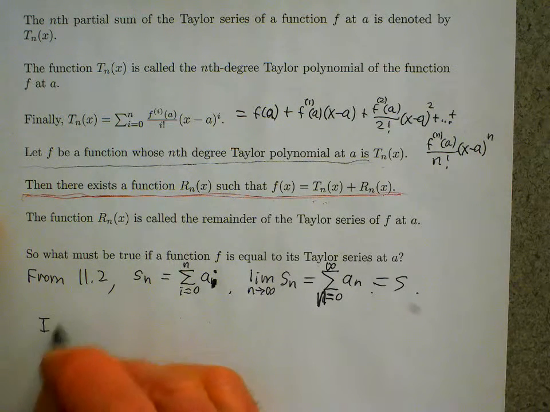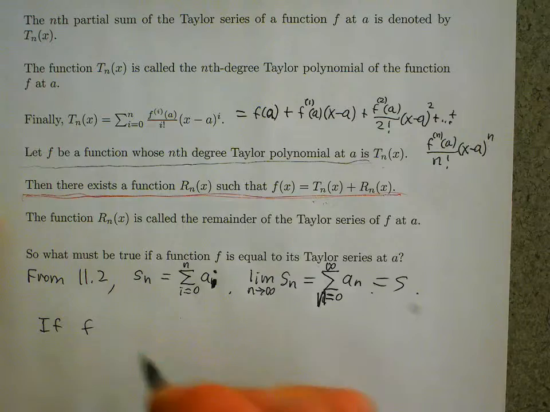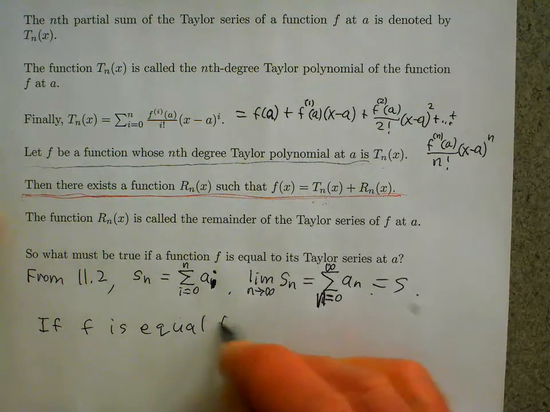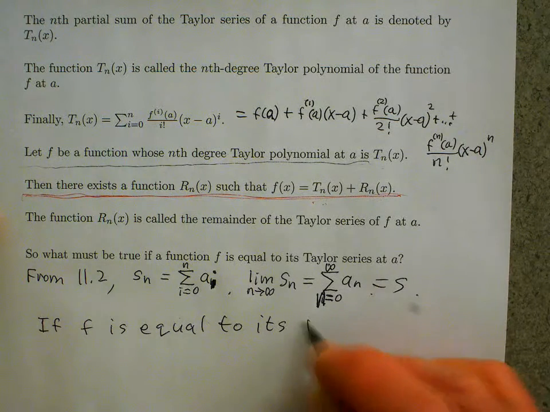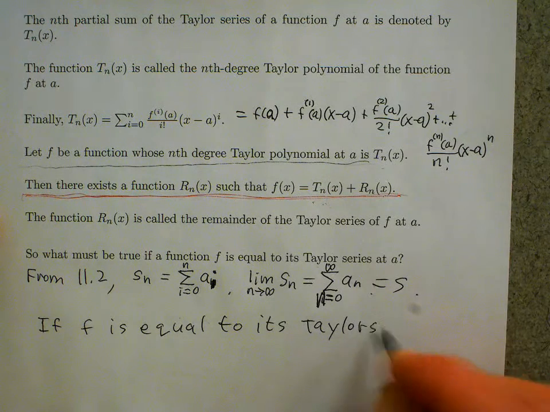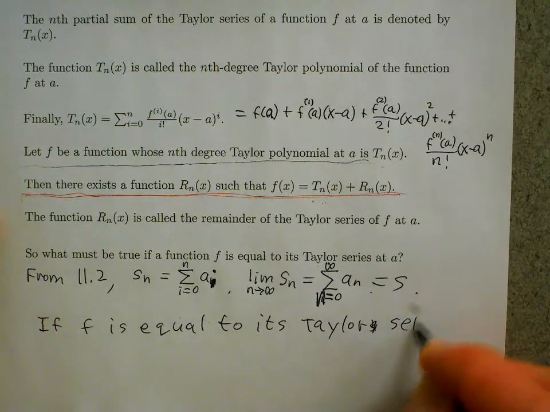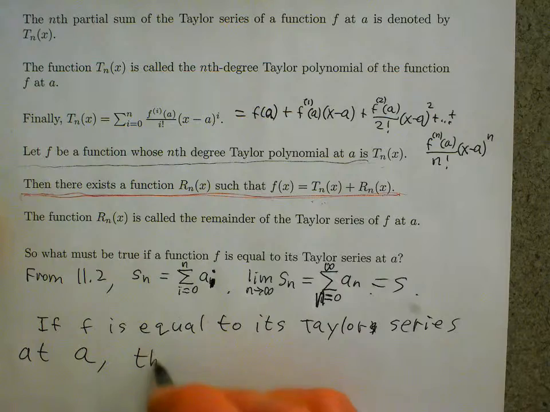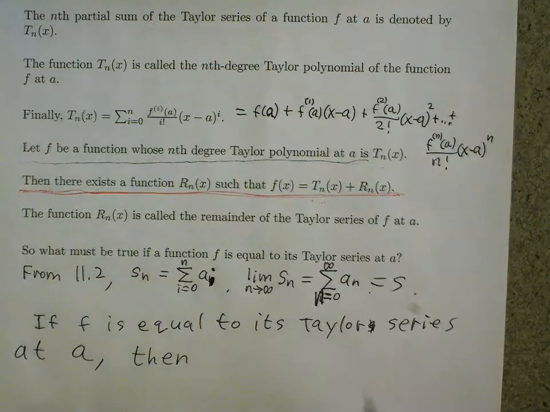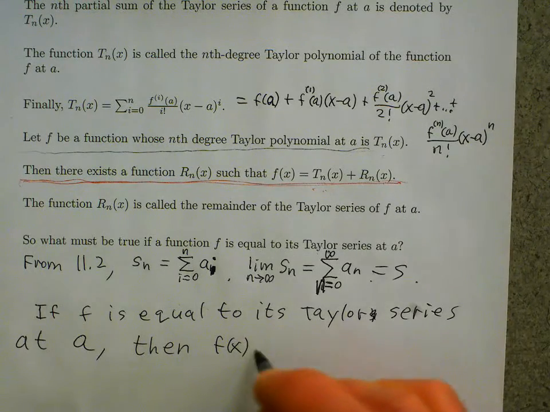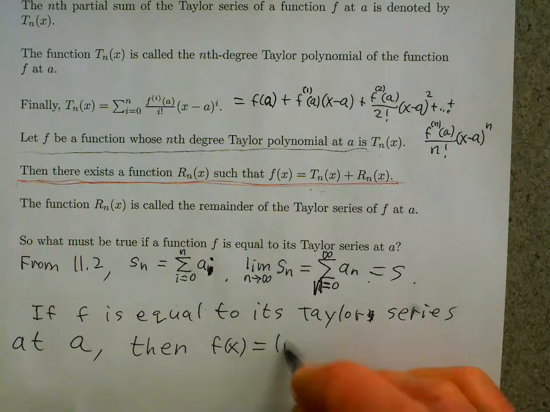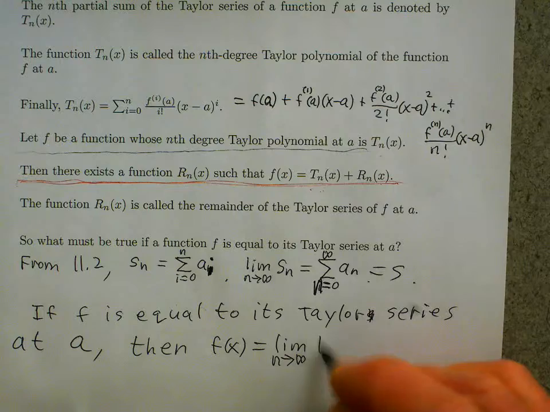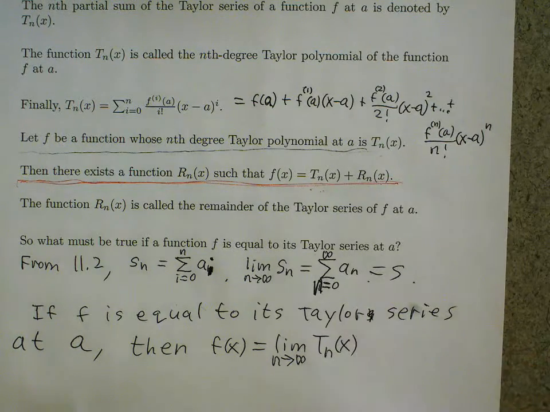So if f is equal to its Taylor series at a, then f of x has to be equal to the limit of the Taylor polynomials t sub n of x.